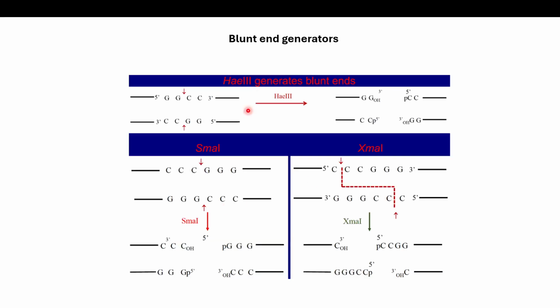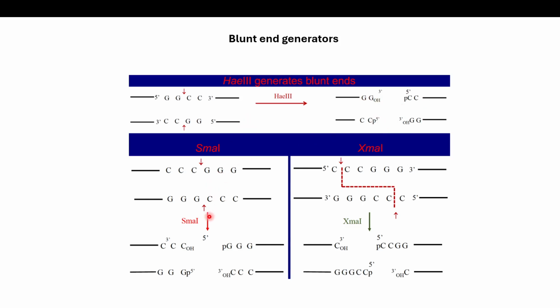Okay, so some enzymes can be blunt end generators as well, like HaeIII, which recognizes the GGCC sequence and cuts exactly in between the middle G and C nucleotides. So there is no overhanging stretch, right? What we saw earlier in the previous slide.